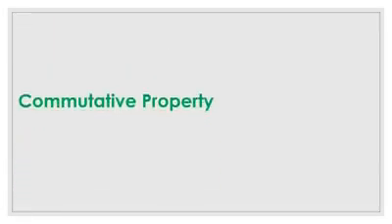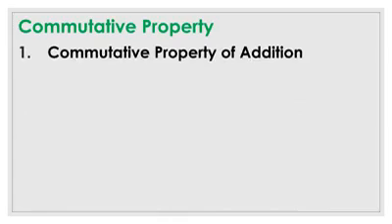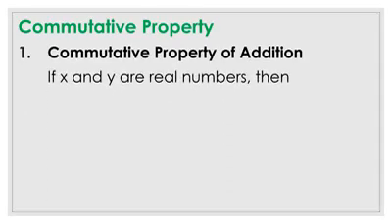The second property is the commutative property. Under the commutative property, we have the commutative property of addition, wherein it is stated that if x and y are real numbers, then x plus y equals y plus x.